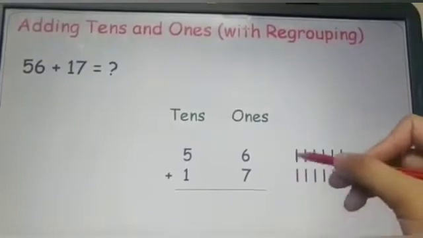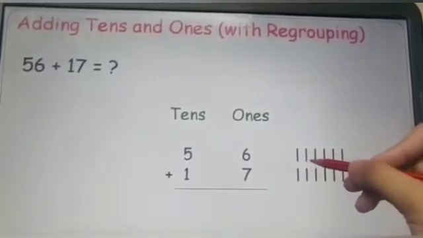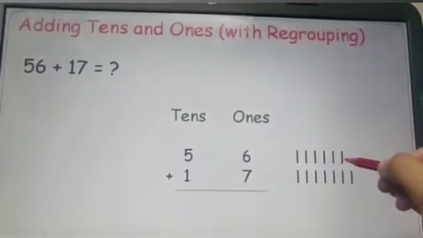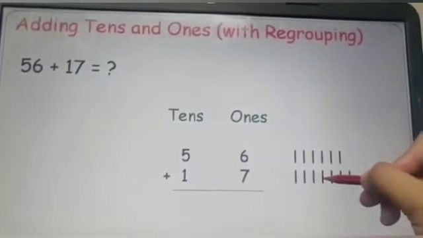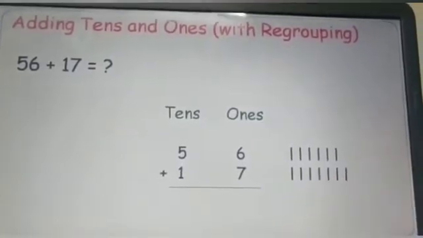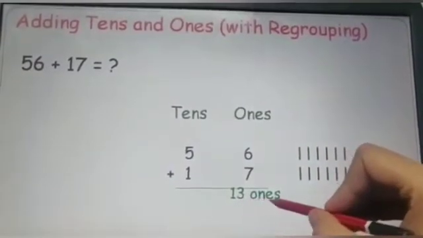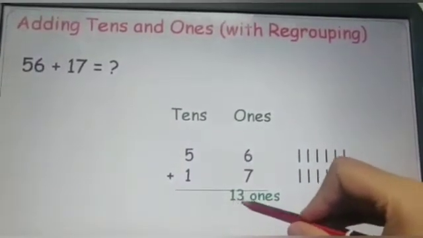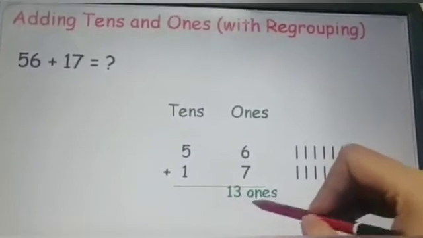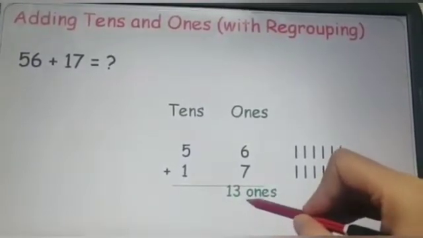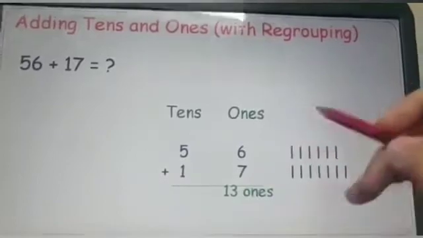Now what will I do? I'll count all these lines. 1, 2, 3, 4, 5, 6, 7, 8, 9, 10, 11, 12, 13. So 13. But can I write 13 ones here? It is a 2-digit number. No, because our rule was we can only write 1 digit over here. So now what are we going to do?